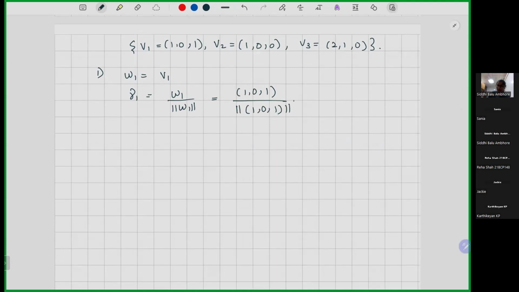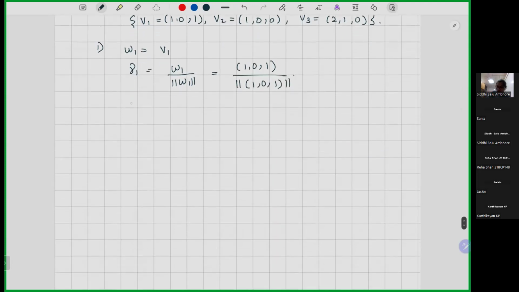And this is the standard inner product on R3. So the norm squared of (1, 0, 1) is the inner product of (1, 0, 1) with itself, which is 1 plus 1, so the norm is the square root of 2.